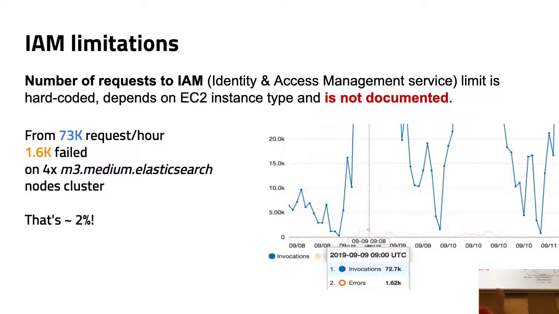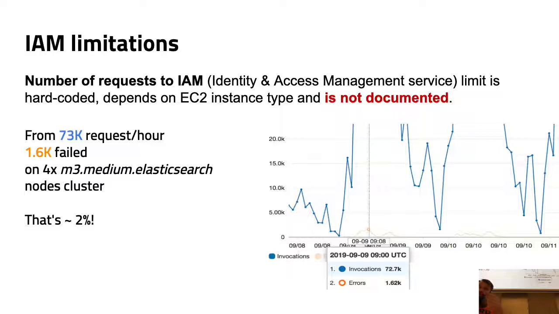For example, we are facing this on our analytics cluster, which is mostly write-only with some ad-hoc stuff on top. It's not really big, it's 4 nodes, M3 medium, and we sometimes hit up to 2% of failures from IAM.